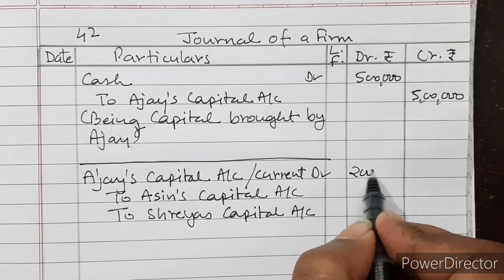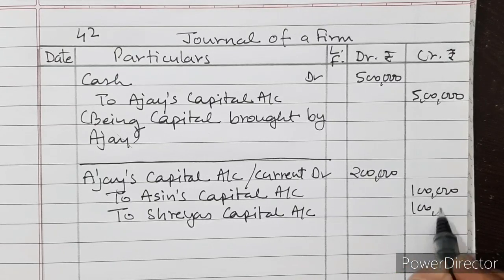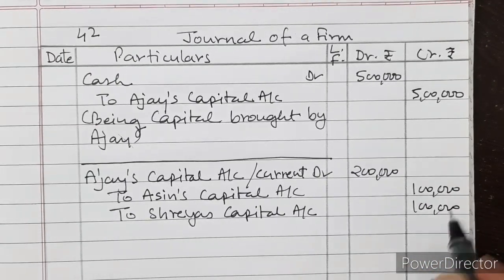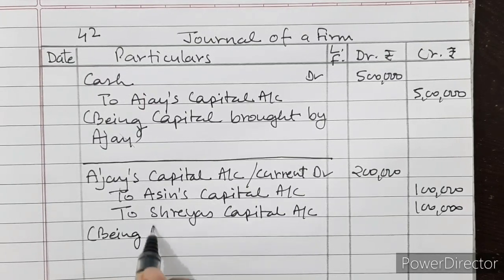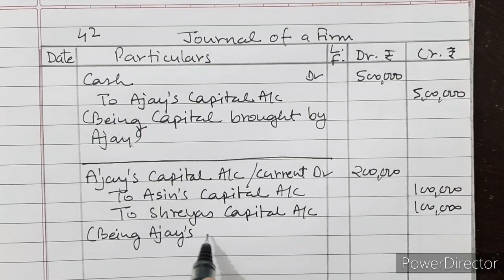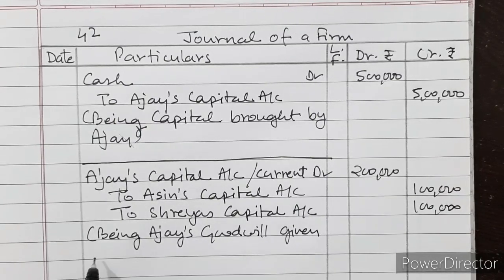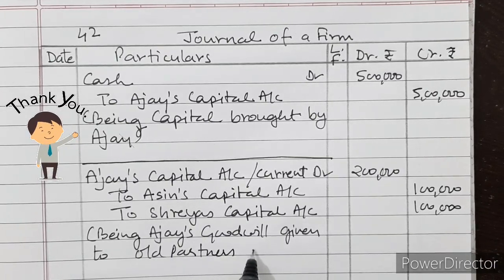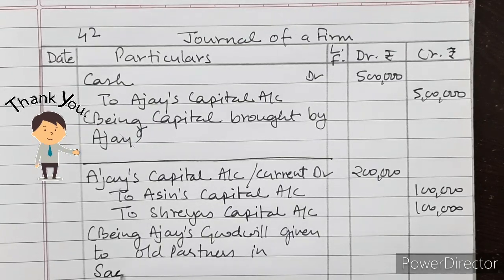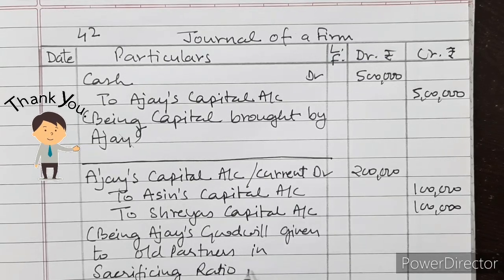It is 2 lakh and their sacrificing ratio is 1:1, so equal. Being Ajay's goodwill given to old partners in sacrificing ratio. That is equal to 1:1.